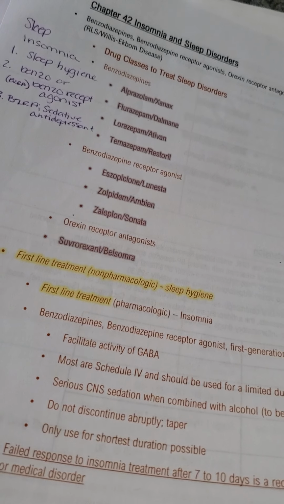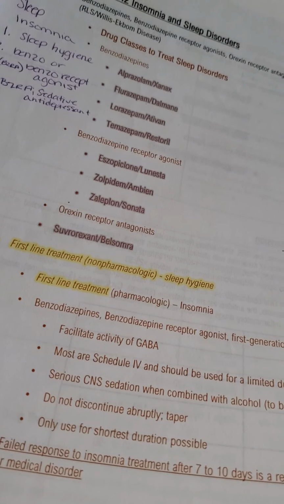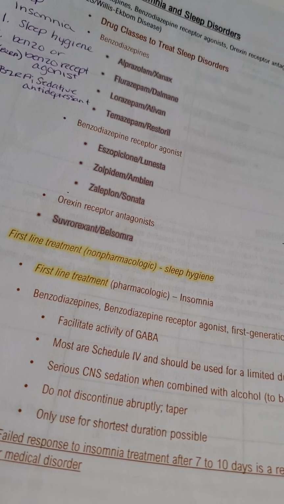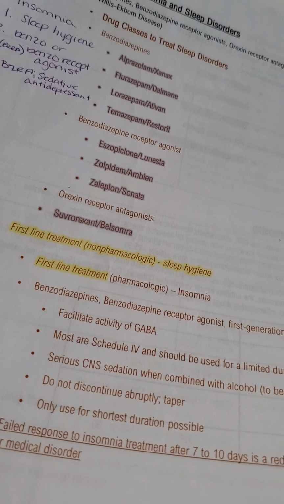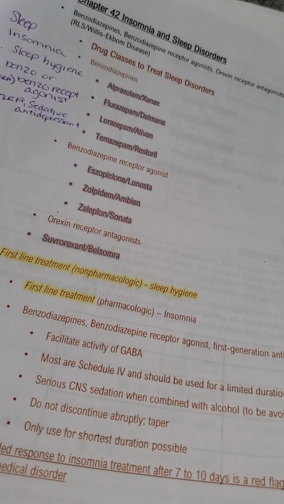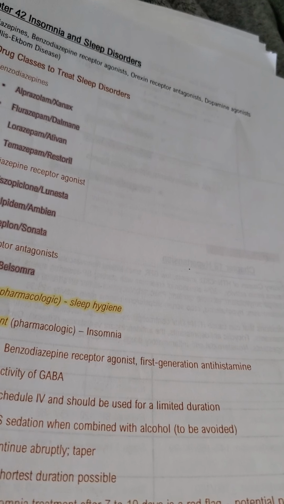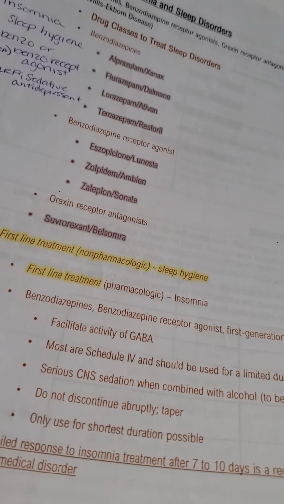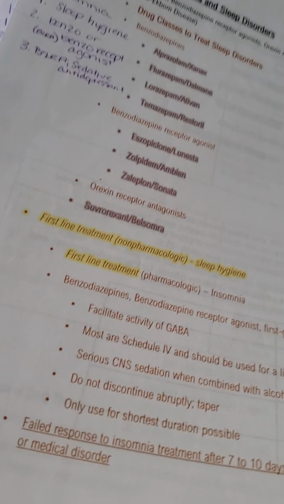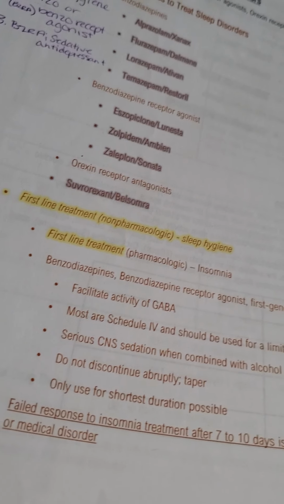First line treatment for insomnia is sleep hygiene. First line pharmacological treatment for insomnia: benzodiazepines and benzodiazepine receptor agonists, and first generation antihistamines. This facilitates the activity of GABA.